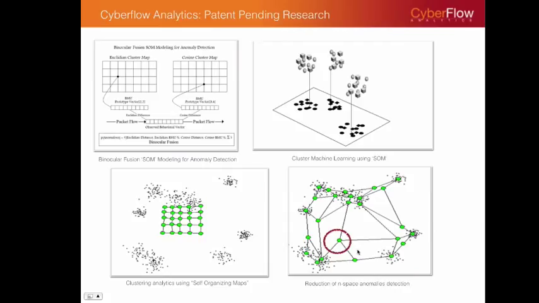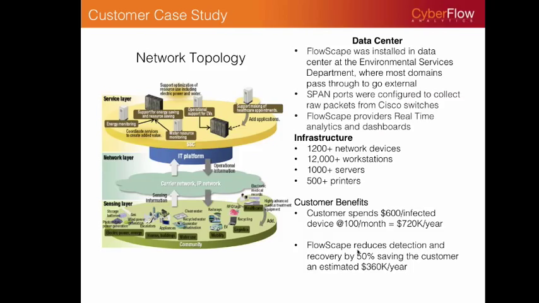One node in the center with the red circle around it clearly stands out. It's not part of any cluster of activity. That would get a high anomaly score. So we use unsupervised training and SOMs, which are self-organizing maps, in order to baseline what normal activity looks like and identify abnormal activity. Let's talk briefly about a case study, then we'll get into some visualization views.